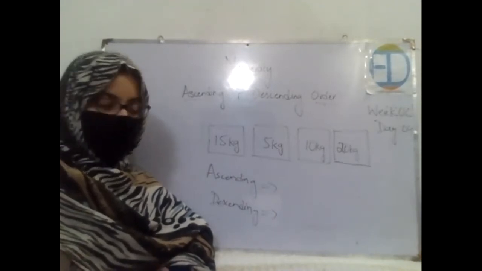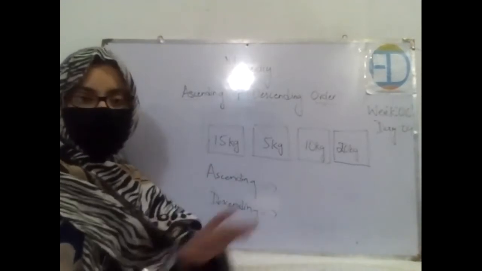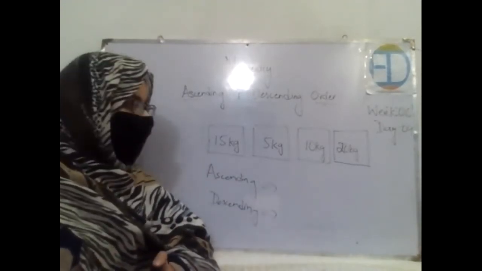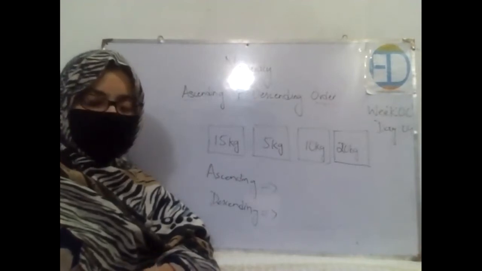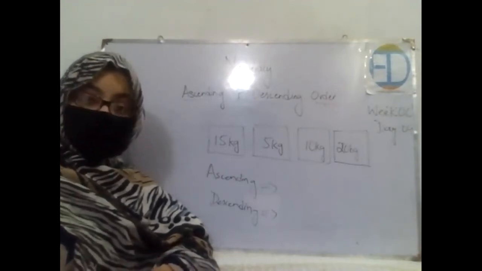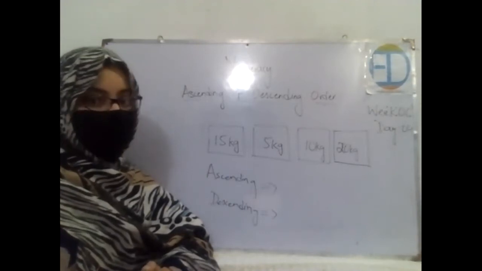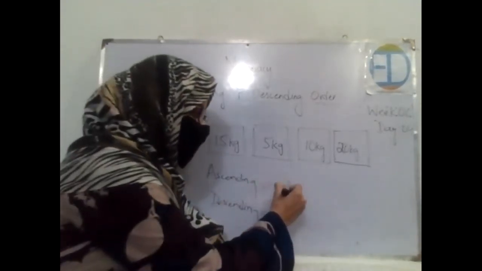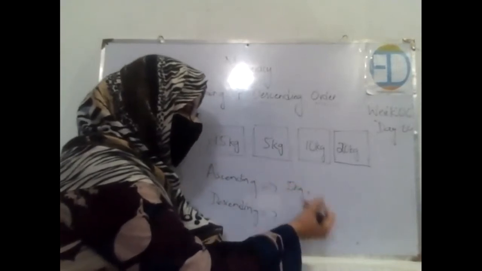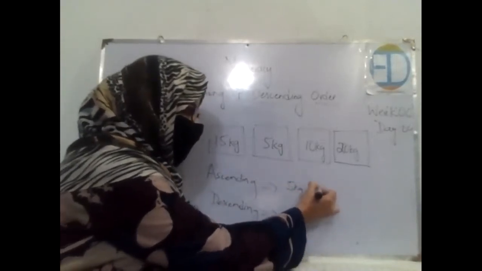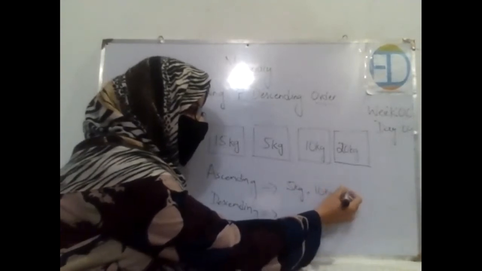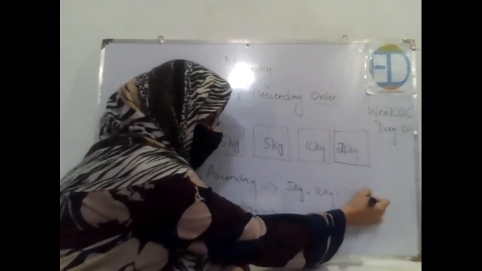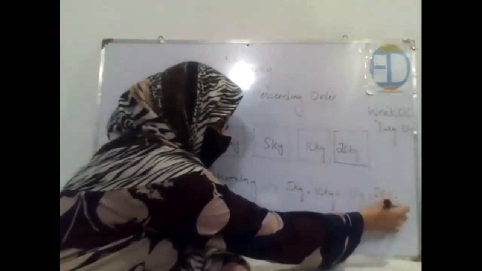Okay, you are done. Who is going to tell me what is the answer for ascending order? Yes, Elise. First, tell me what do we do in ascending order? We always start from the smallest number and then we move toward the highest one. So what is the smallest number in this case? It's 5 kgs. Excellent. What comes after that? 10, then 15, and the last one is 20.